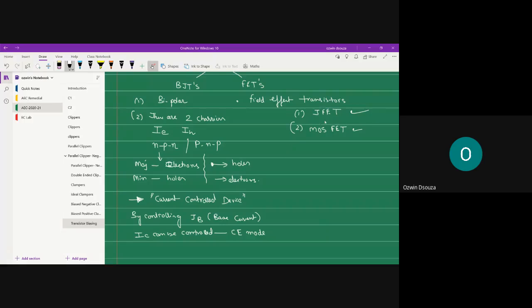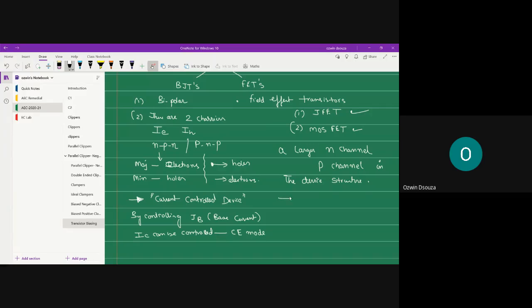Now, in case of JFET and MOSFET, either you will have an N channel or you will have a P channel in the device structure. Now what is the meaning of this N channel and P channel?